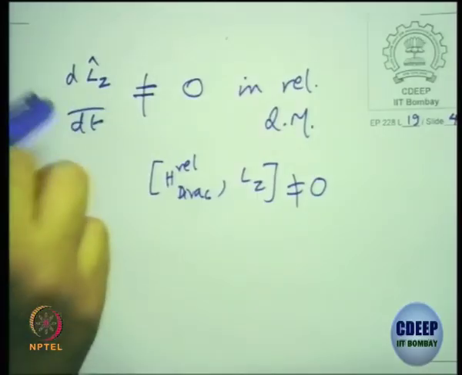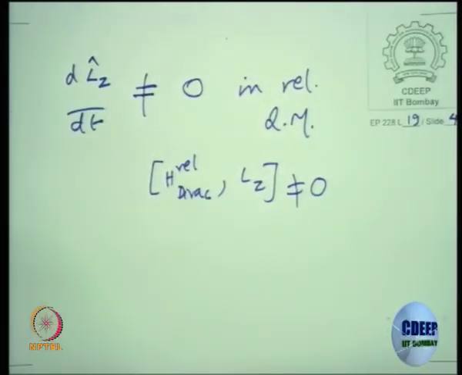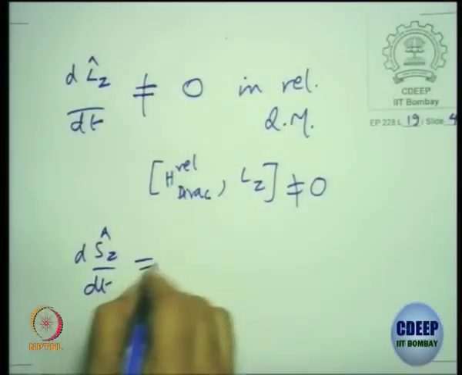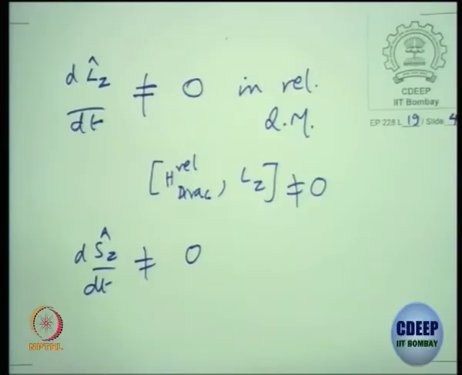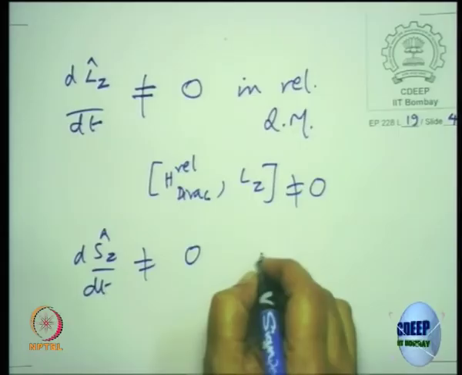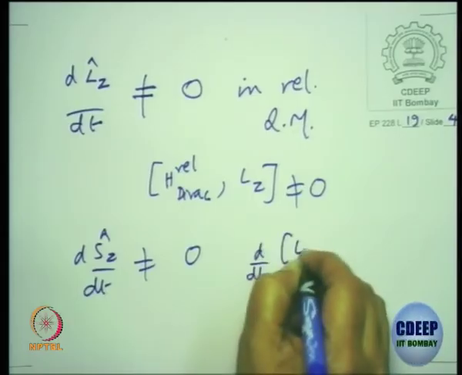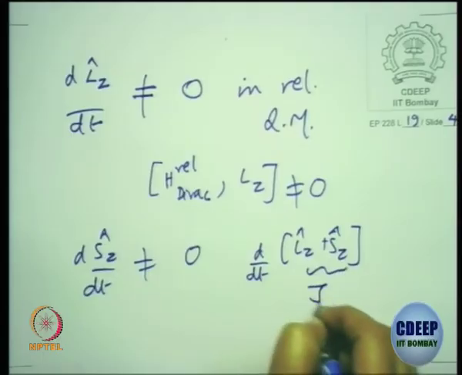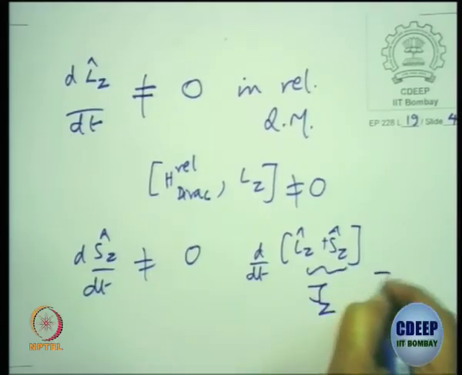And for a rotationally invariant system, angular momentum has to be conserved in relativistic theory. If you introduce another Sz operator, this is also not 0, but you can show that d by dt of Lz plus Sz, which you will call the total angular momentum, will be 0.